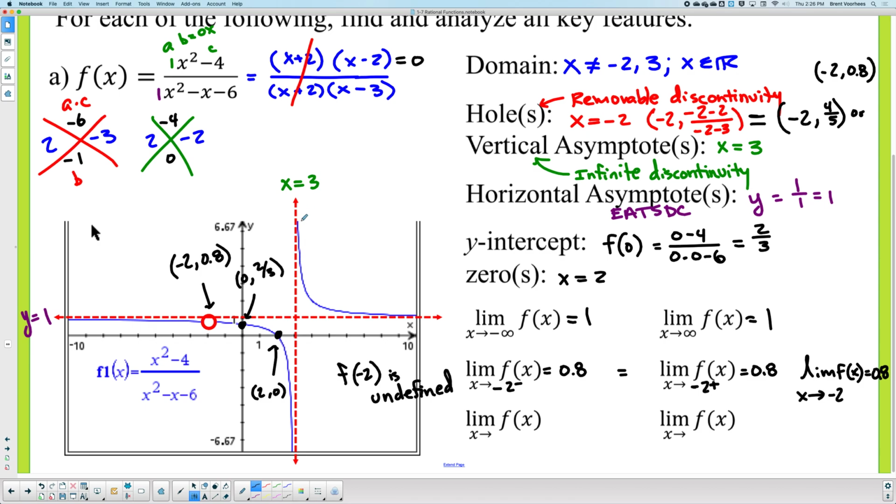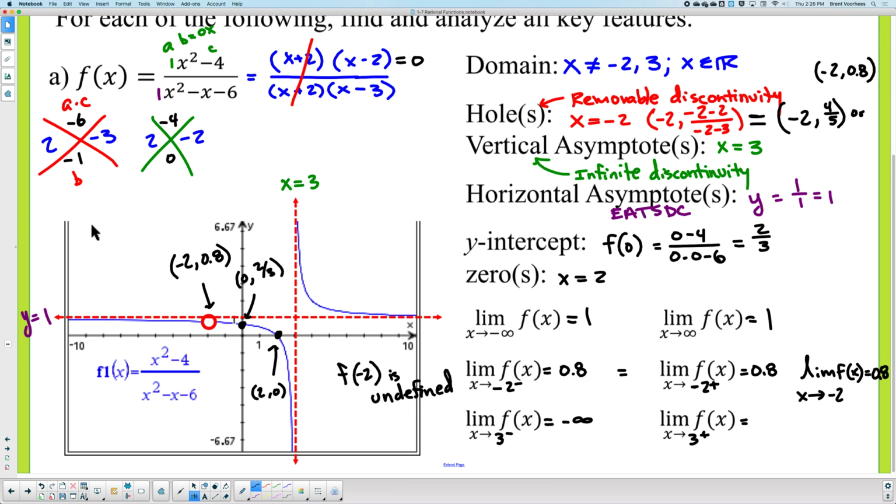Okay, and now let's talk about it at 3. Let's go 3 from the left, 3 from the right. What happens as we approach 3 from the left? Does the graph rise, fall, or get flat? Falls, to negative infinity. What happens as we come from the right? Rise, fall, flat.